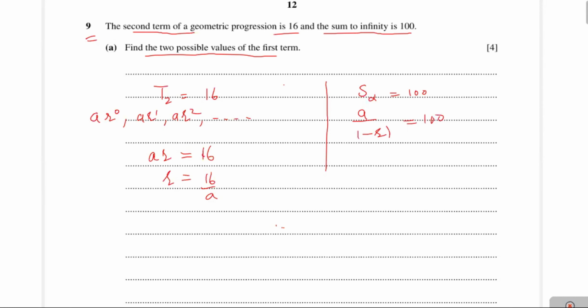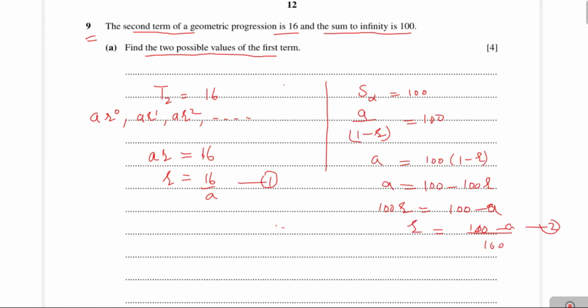And we multiply 1 minus r by 100, we get 100 into 1 minus r equal to a, and that's equal to 100 minus 100r equal to a, and this 100r will be equal to 100 minus a. The r will be equal to 100 minus a over 100, and we can compare these two r values.